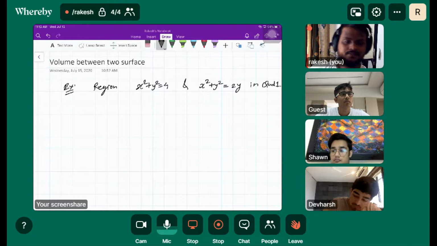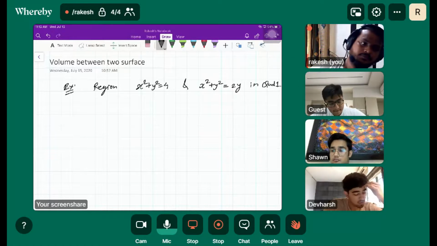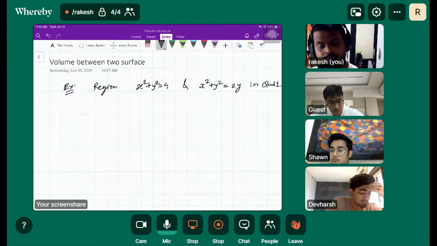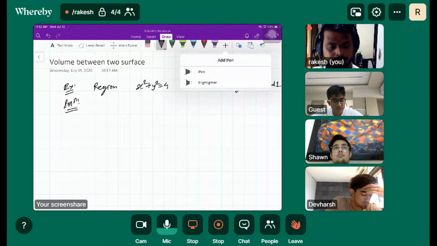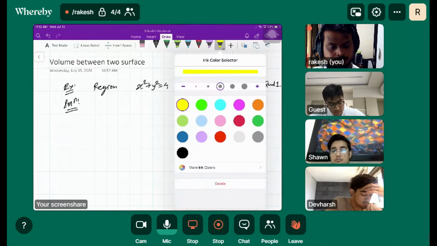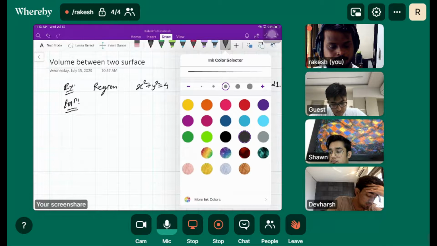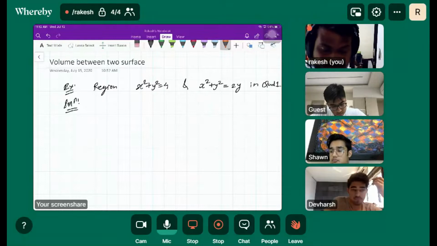You just set up the integral. Can you set up this integral?